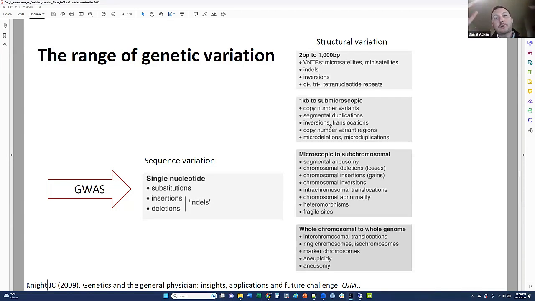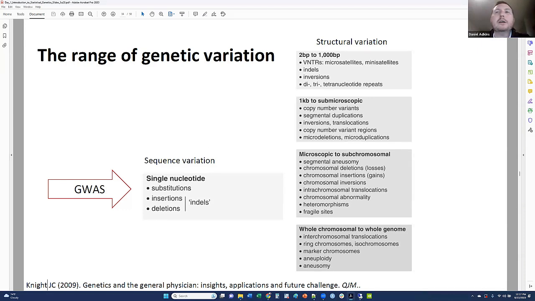That's when chunks of DNA swap to different positions in the genome, oftentimes different chromosomes, and that can cause a lot of problems. A lot of leukemias are caused by genetic translocations in the bone marrow. Microduplications, microdeletions. These are like larger scale insertions and deletions.